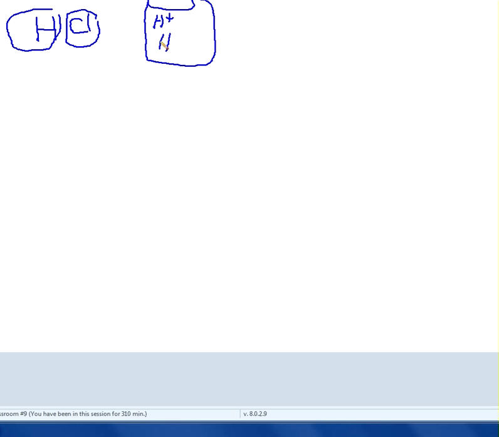If you have a lot of hydrogen ions through dissociation of this chemical in water, we call it a strong acid. If it doesn't break apart a lot and we only have a few hydrogen ions, we call it a weak acid. So the strength or weakness of an acid depends on the number of hydrogen ions. That's what you're looking for to tell how strong or weak an acid is.